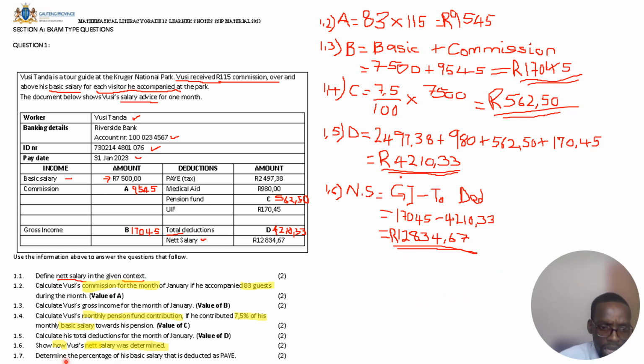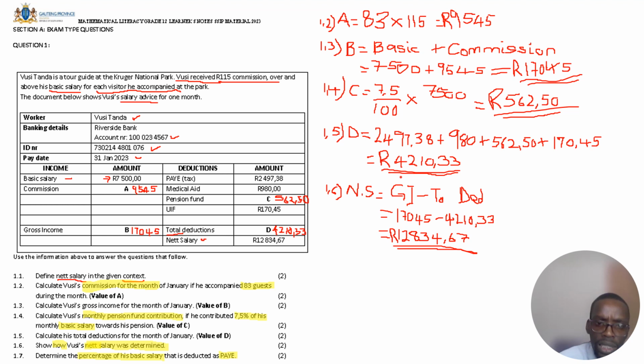Then the next one: determine the percentage of basic salary that is deducted as PAYE. As usual, we need to calculate the amount that is going to be deducted as PAYE as a percentage of the basic salary.